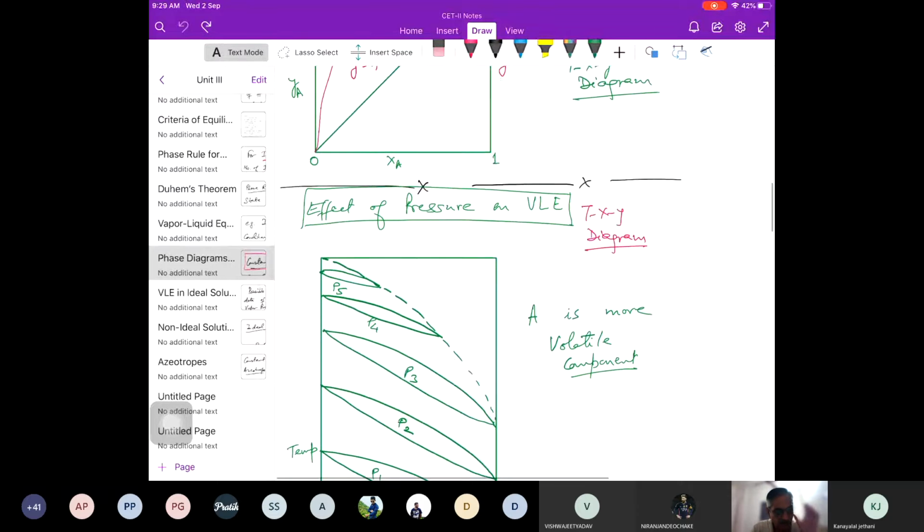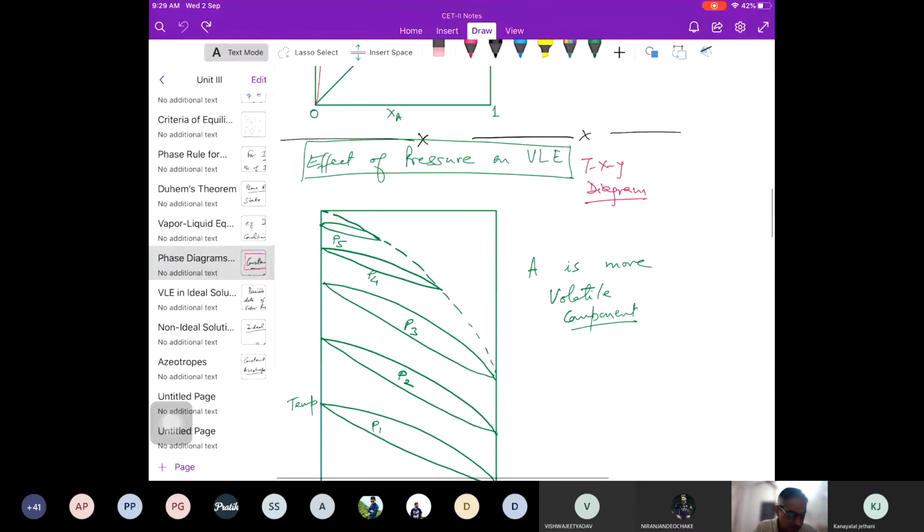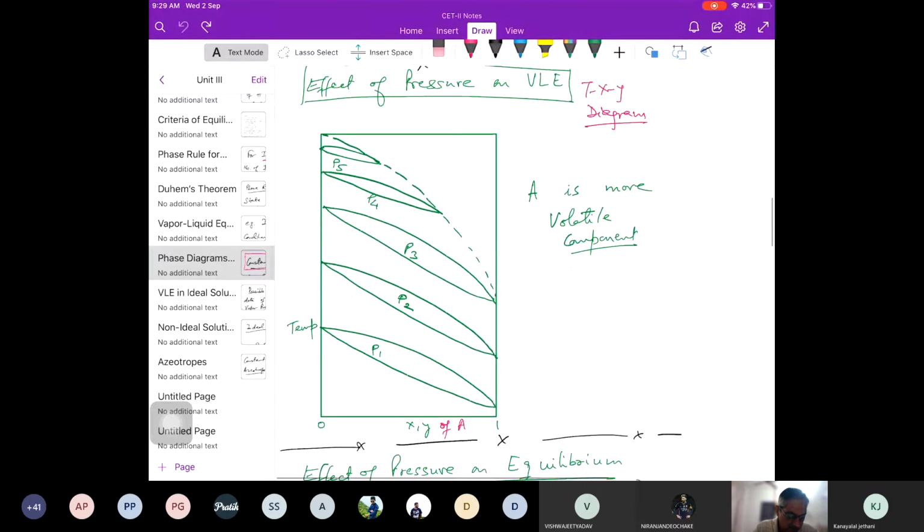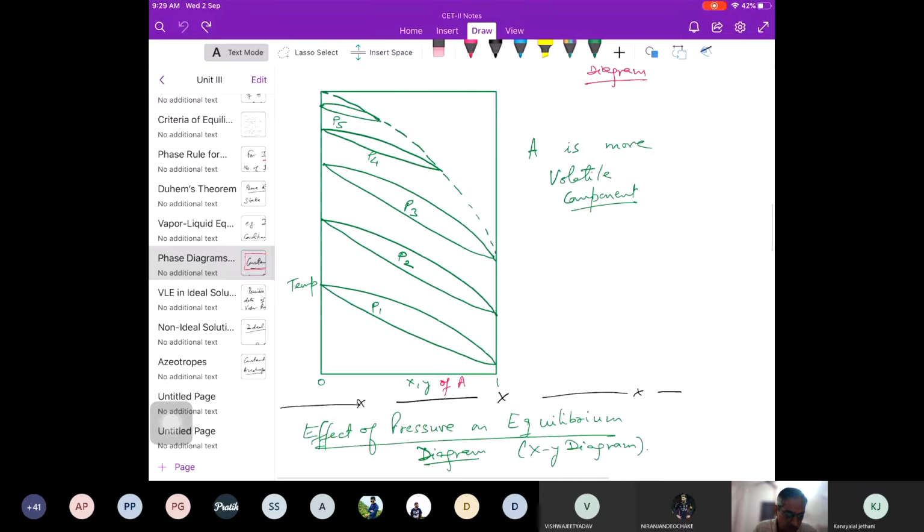You see TXY diagram. Now if you change the pressure, what happens to TXY diagram? If you plot temperature on the y-axis and x and y on the x-axis of the more volatile component, हमने P1 देखा था, right? We have seen this thing P1 at say atmospheric pressure.